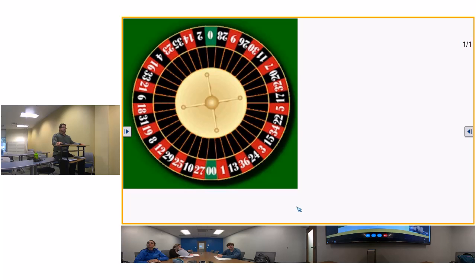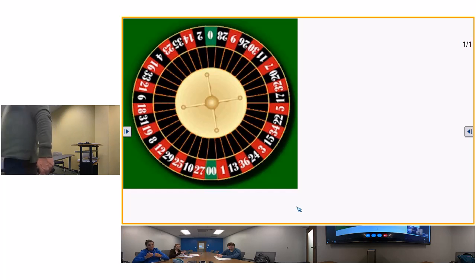What is the probability of the marble, and that's what goes around this thing, a marble goes in the opposite direction, that the marble will fall on an even number? And you bet $500, and what are the odds against a $500 bet?